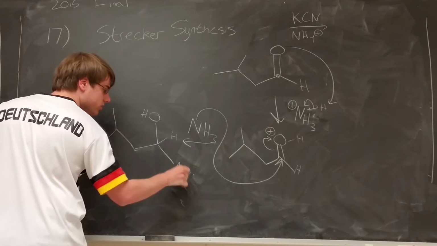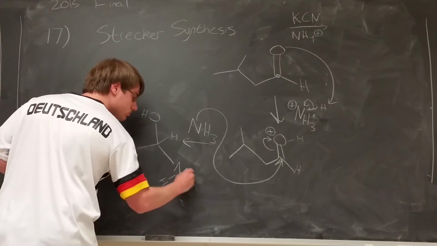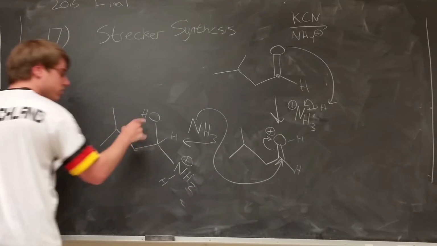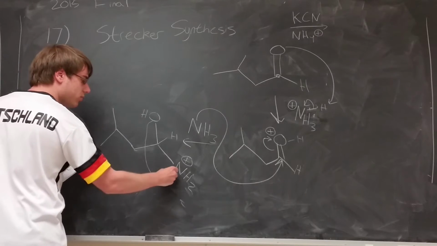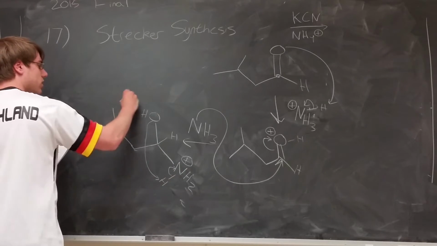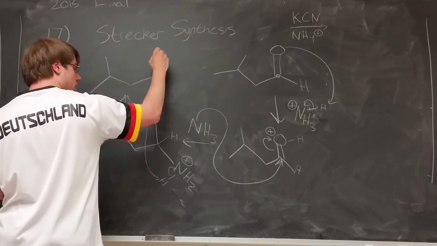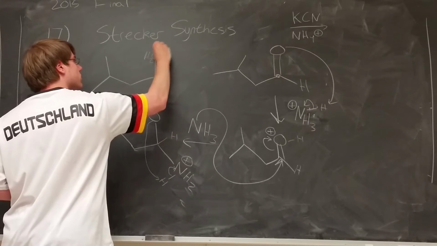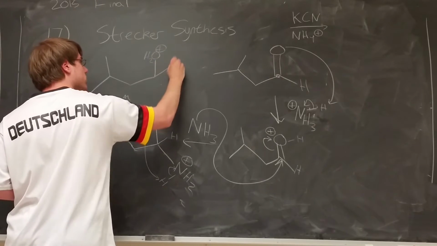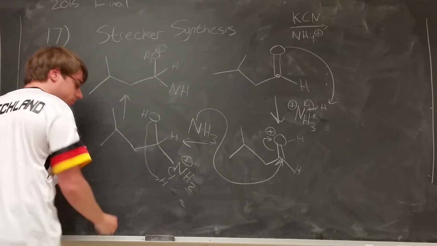Okay, and I'm going to draw out one of those hydrogens because your next step is going to be a proton transfer. This oxygen is going to grab one of those protons and neutralize the nitrogen. So grab that proton, nitrogen is now neutral, and we have this as our next intermediate: OH2 positive, the hydrogen, and then NH neutral.